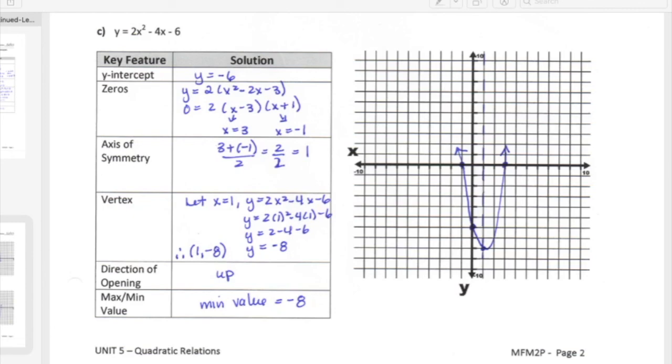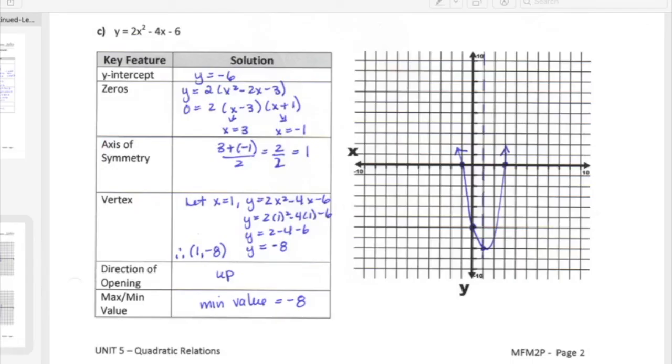Well, 1 squared is 1, times 2 is 2. And then negative 4 times 1 gives me negative 4. And then we have our negative 6. So we're left with 2 minus 4 minus 6, which gives us negative 8. That means the vertex is going to be at (1, -8).